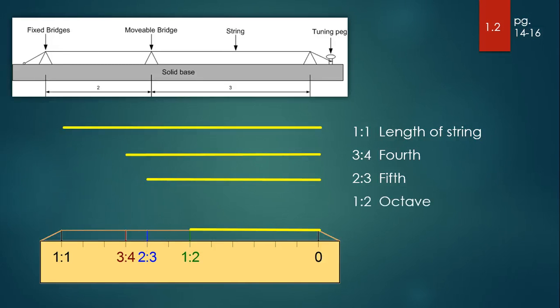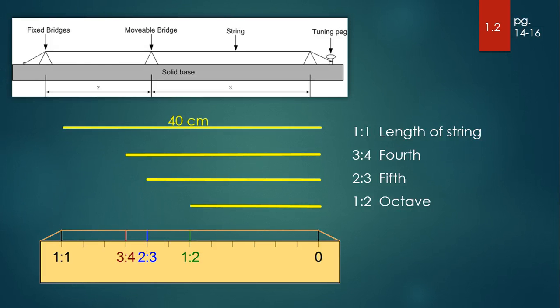And if we shorten the string so that it is half the length of the original string, so the original string is divided into 2 equal units, and this length is one of those 2 equal units long, we now have a note that will be a full octave higher than the original note. So for example, if the original note played an F, this now will play a note that is still an F, but it's 1 octave higher.